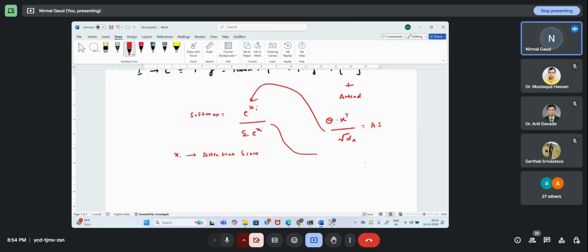This gives you the probability. Then you multiply this probability with V. Finally, you perform its dot product with weight WO to get the final output.